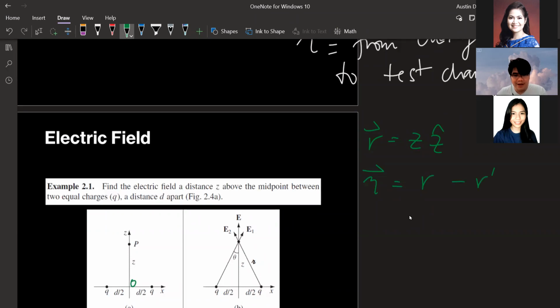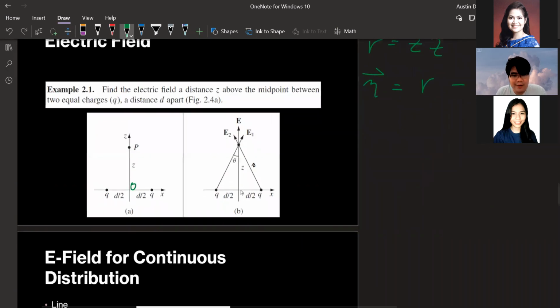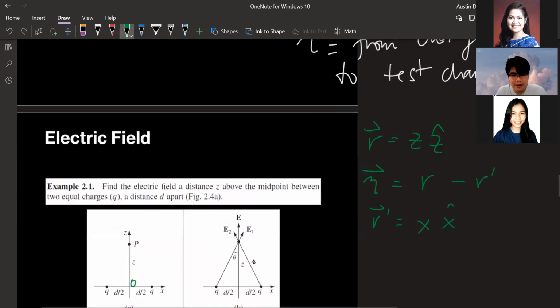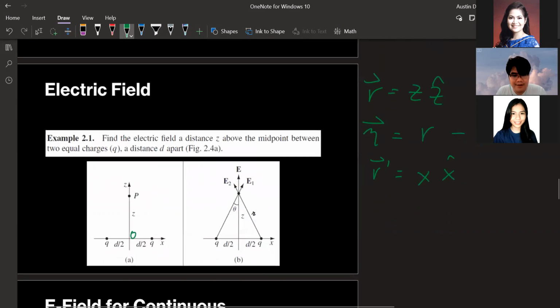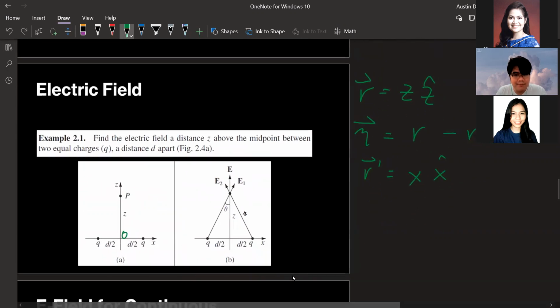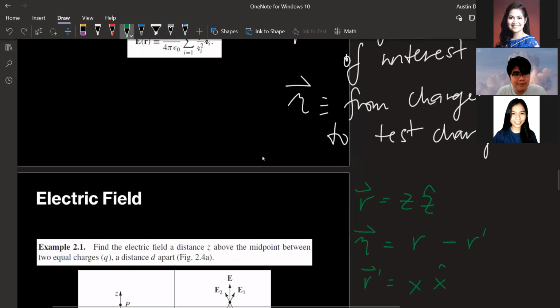Okay, what is R prime? Hindi natin alam yung R prime. Sulat tayo ng R prime na itong x hat. So, sulat lang natin na yung R prime natin is x hat. Simple as that. Okay, kuha ba yun? Napaka-straightforward naman. Sulat natin to para hindi tayo mahirapan.